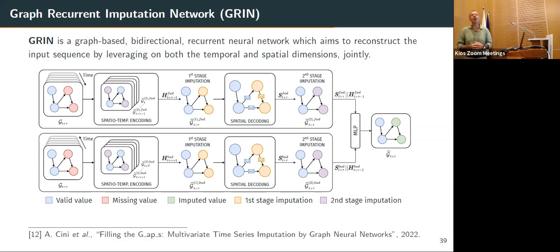I just want to present to you one method for doing this. It's called GRIN. It is a graph recurrent imputation method. So the idea is the following. We have our data with the missing values in there, but we have the topology. And what we need to do is convolution over space.